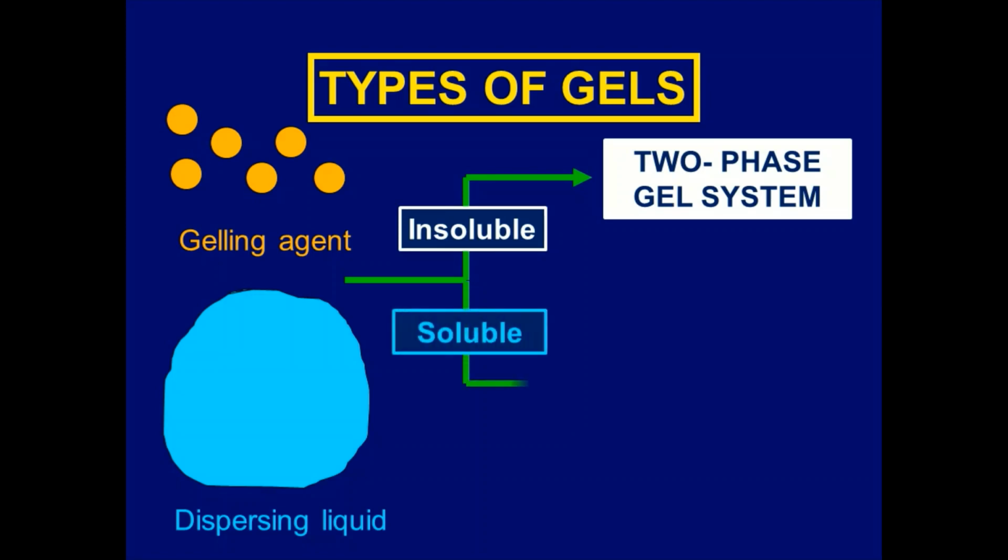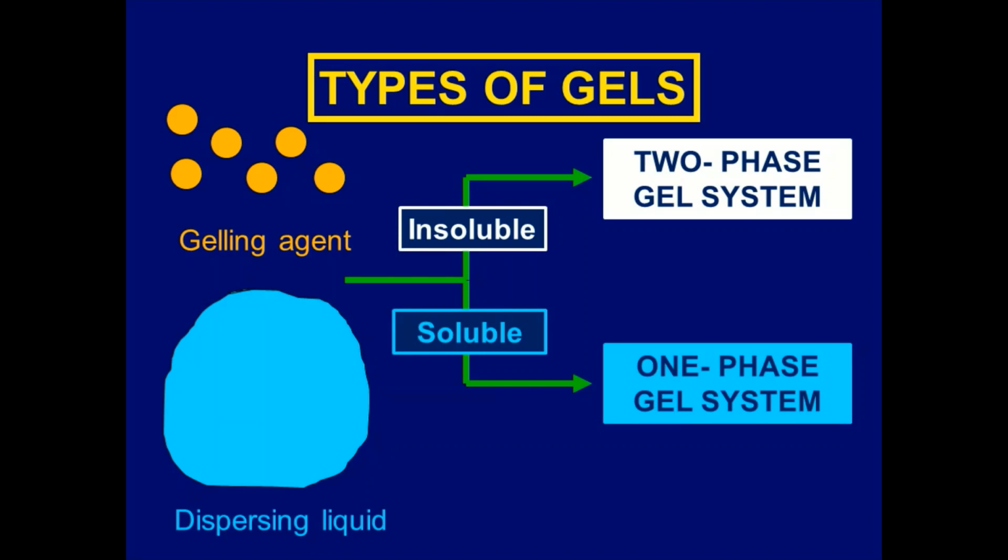And when the gelling agent is soluble in the dispersing liquid, you will get another type of gel, which is the one-phase gel system. They are called one-phase because the gelling agent is soluble in the dispersing liquid, and they form one phase, which is a solution of the gelling agent in the dispersing liquid. So gels are classified into two main classes: two-phase gel systems and one-phase gel systems, according to the solubility of the gelling agent in the dispersing liquid.